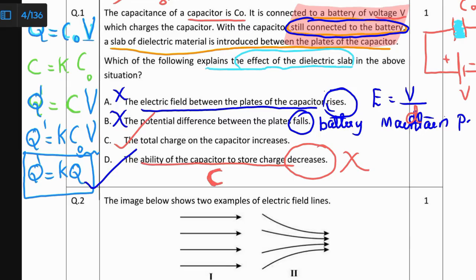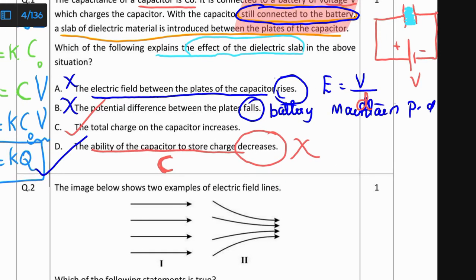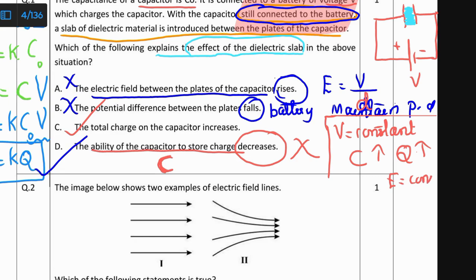Okay, so this is the first question. If you want, I can conclude with a small memory tip. When the potential difference is kept constant, capacitance increases, charge also increases, but the electric field remains constant, as we studied.